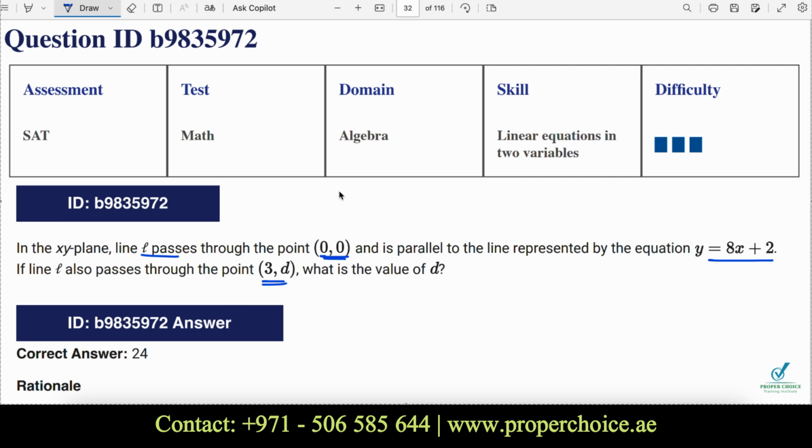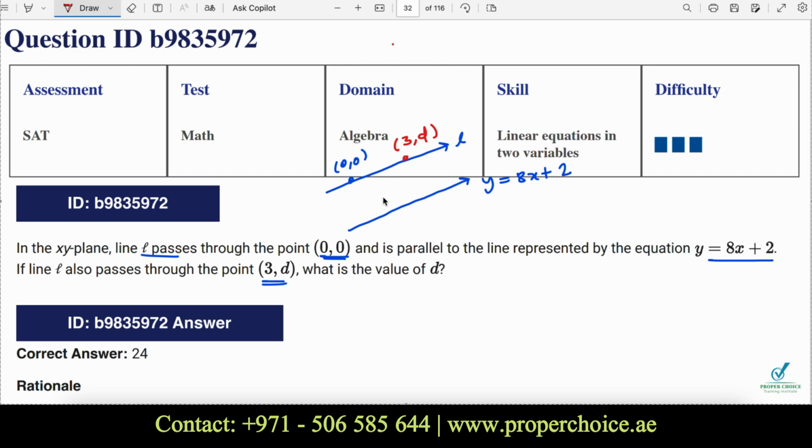Suppose I consider this to be the line L, which is passing through the coordinate point (0, 0), basically the origin, and this line is parallel to the one whose equation is given to us as y equals 8x plus 2. They are also telling us line L also passes through the point (3, D). Now what is the value of D?